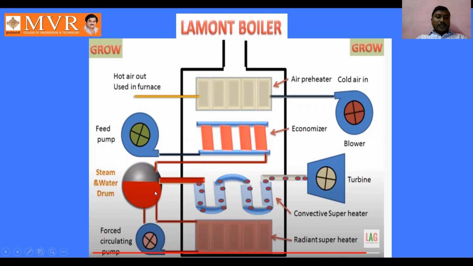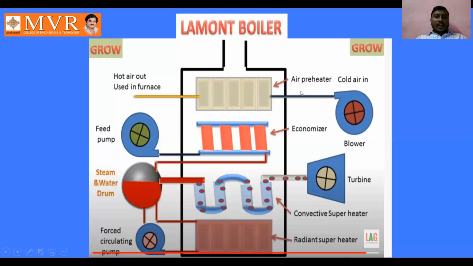From the steam and water drum it enters into the convective superheater for converting it into fully vapor form, and then it enters into the turbine. This is how the Lamont boiler works.